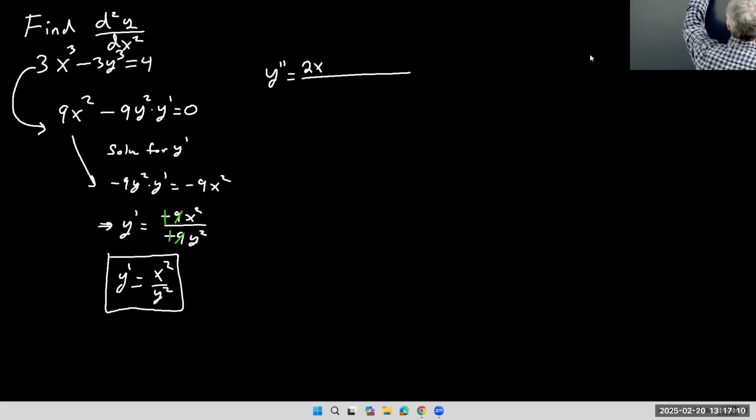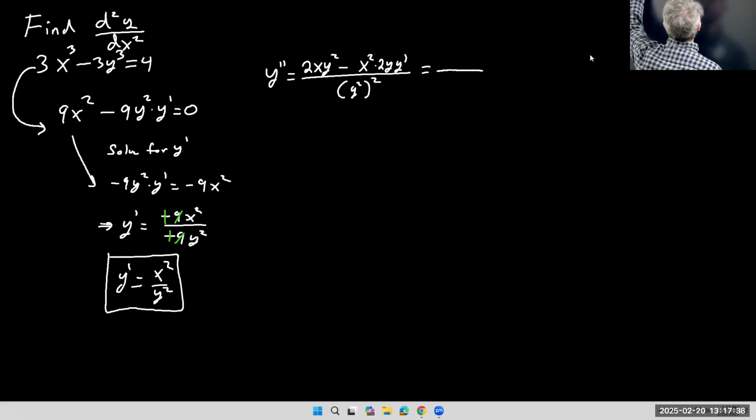So that'd be 2x y squared minus x squared times 2y y prime, and then the bottom would be y squared squared. Okay, let's see what we can do from there. 2x y squared minus 2x squared y y prime over y to the fourth.